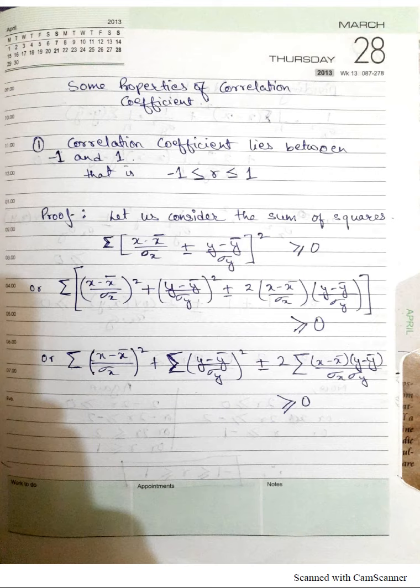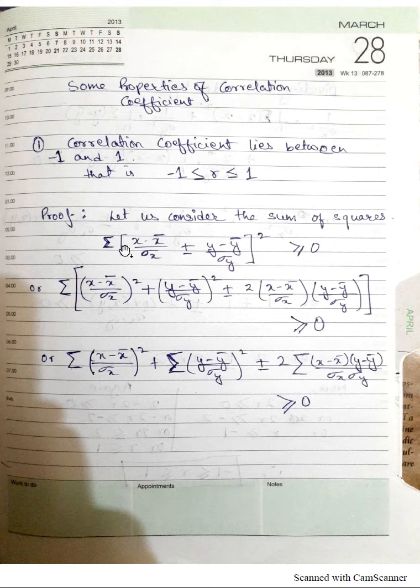So first we square this value. We know that the square of any value is always greater than or equal to 0. The square of any value cannot be negative, because the square of even negative numbers is positive. So when we square it, this value will be greater than or equal to 0.